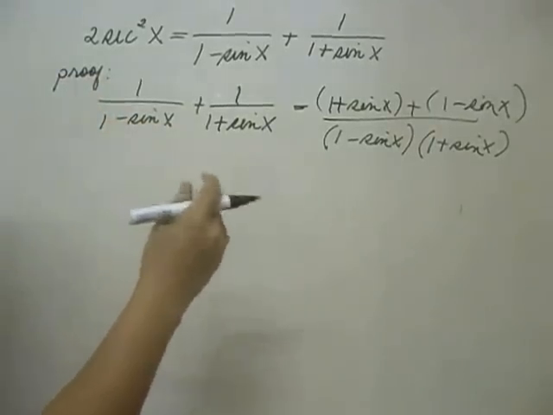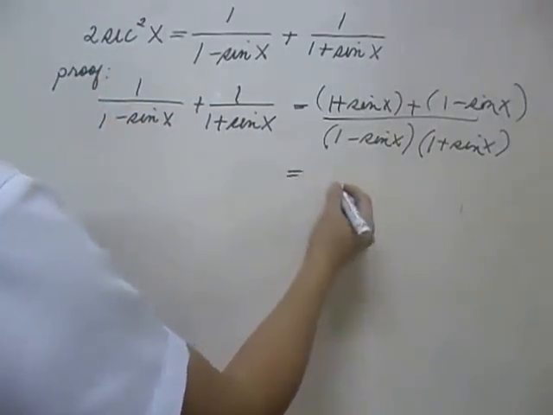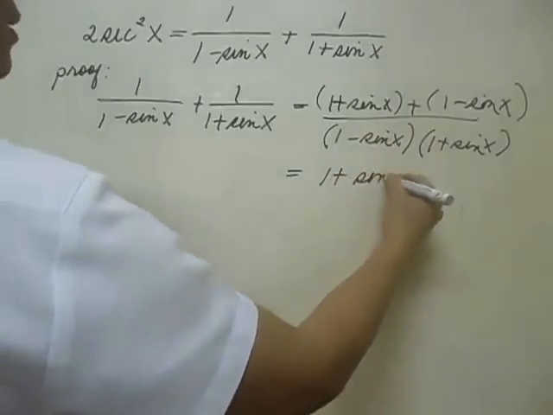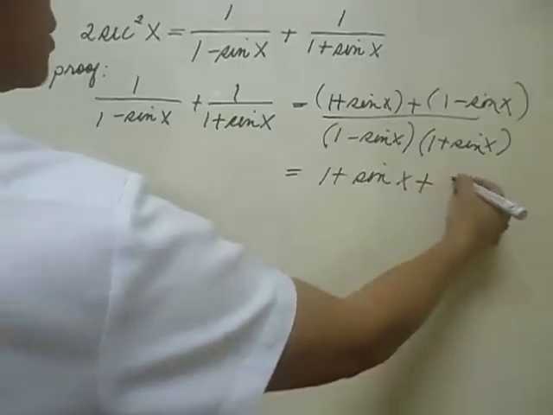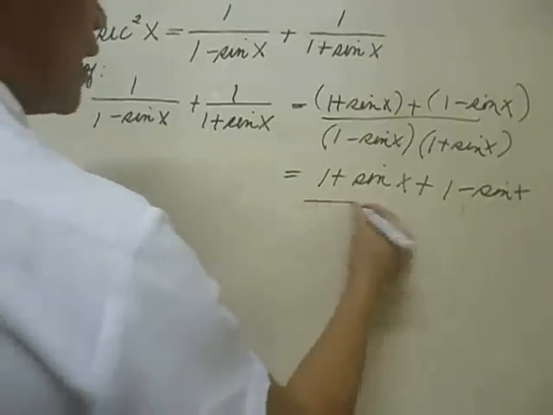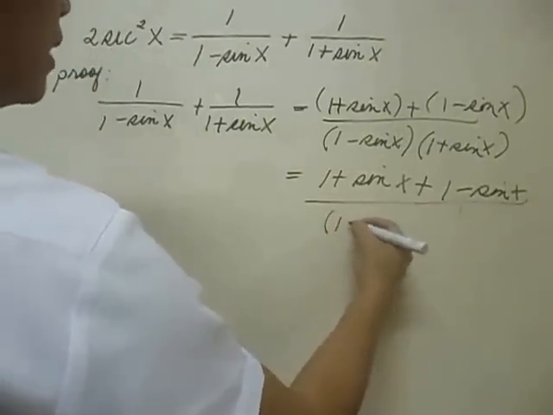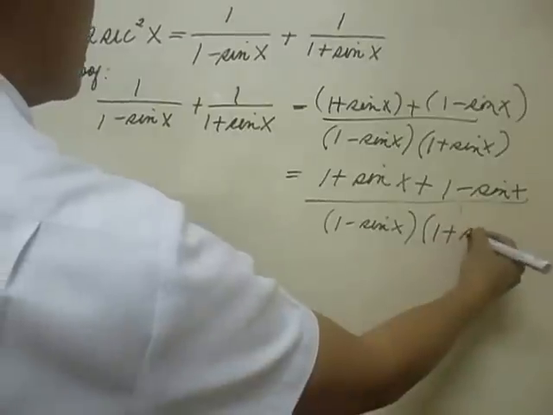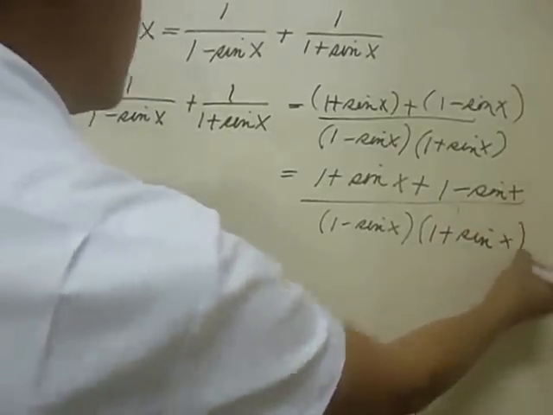We now remove the grouping symbol. We get 1 plus sine x plus 1 minus sine x. Then simply copy the denominator, 1 minus sine x times 1 plus sine x.